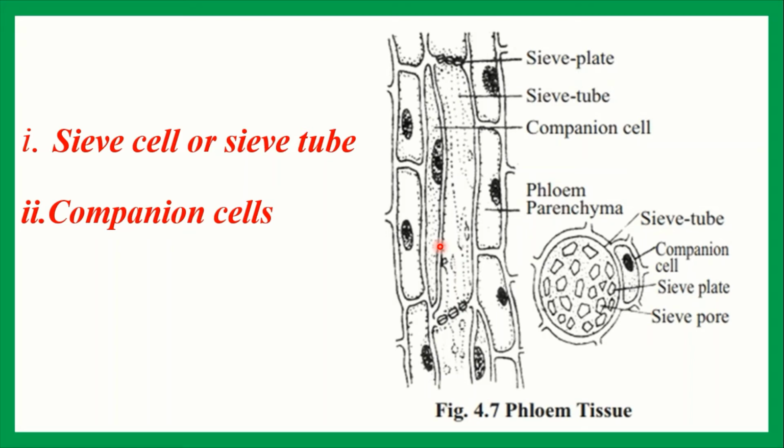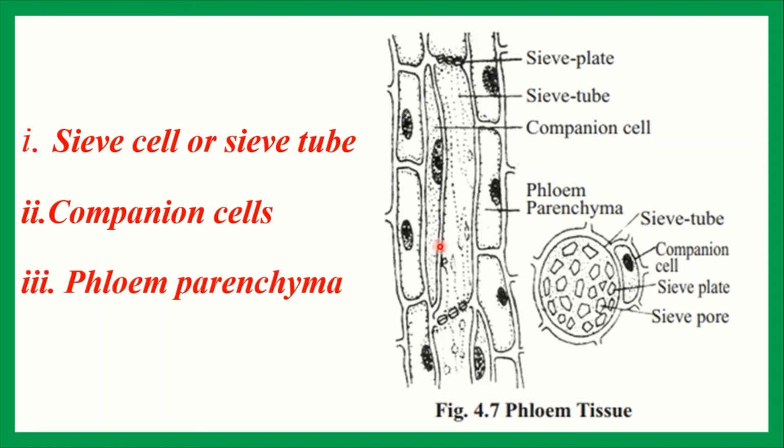It is assumed that the nucleus of the companion cell controls some activities of its neighboring sieve cell. The main function of companion cell is to help the sieve tube in transportation of food. And companion cells are not found in the phloem of fern and gymnosperm.